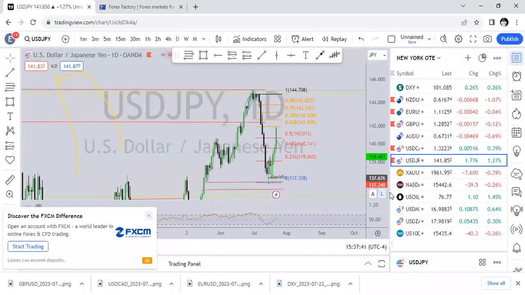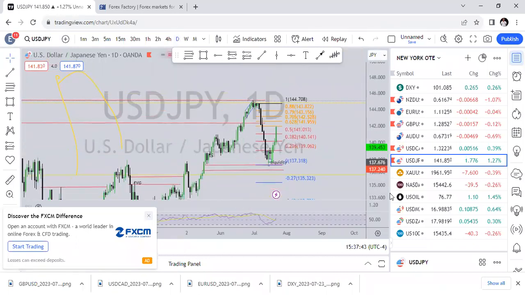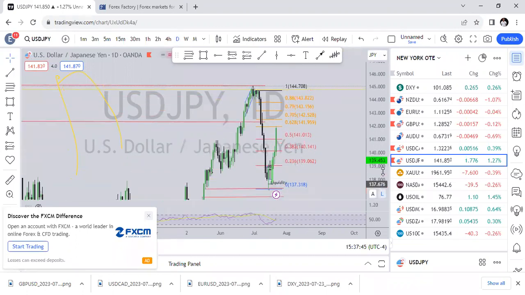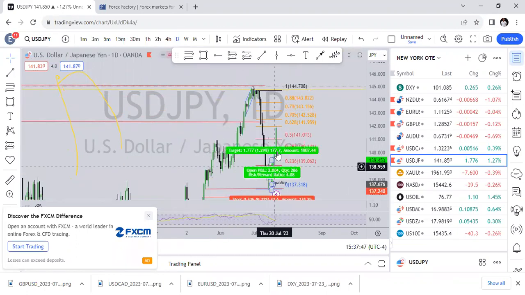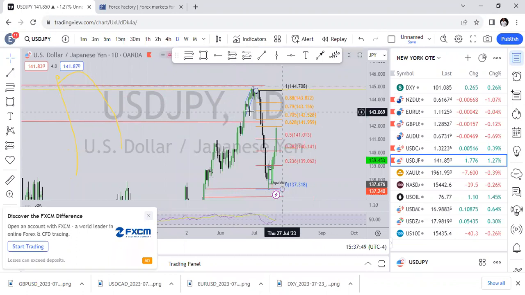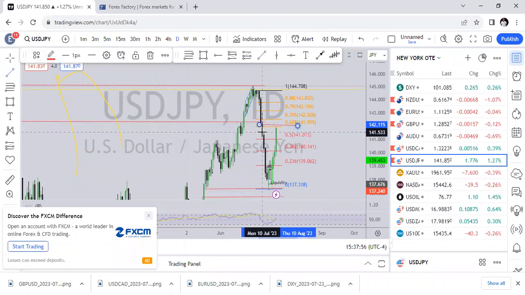For now, I think it's just right to remove our mind from wanting to buy and start looking out for sells. These levels could be good levels to look out for and see how it reacts.